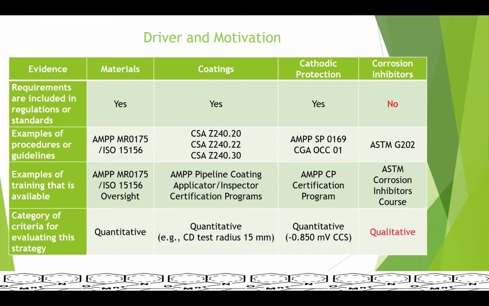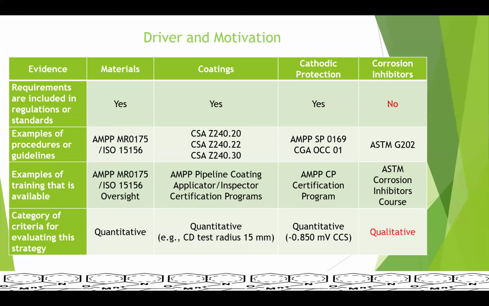Corrosion can be controlled by 4 means: by selecting appropriate material, or by applying coatings followed by cathodic protection to control external corrosion, or by addition of corrosion inhibitors to control internal corrosion. This has been well known for the last several decades.